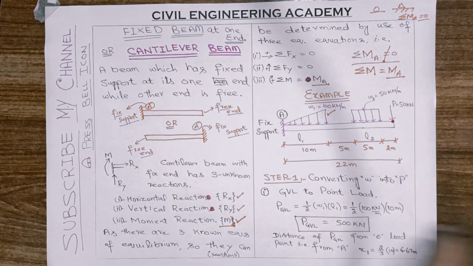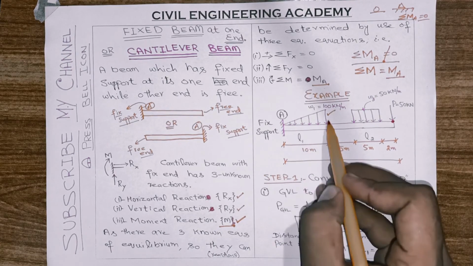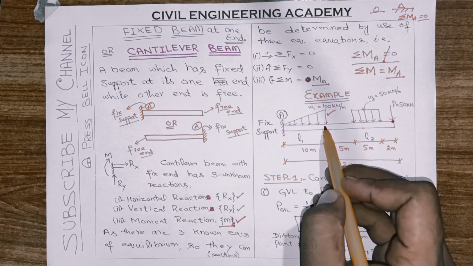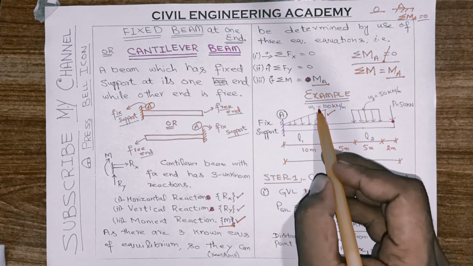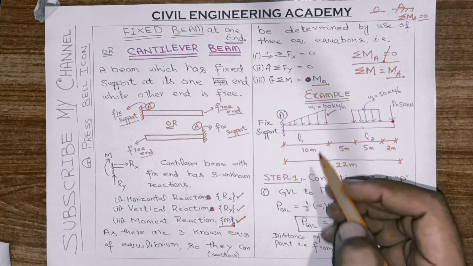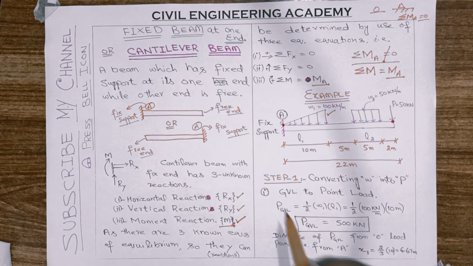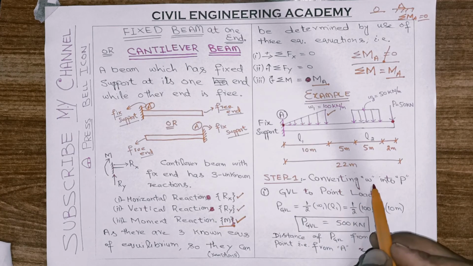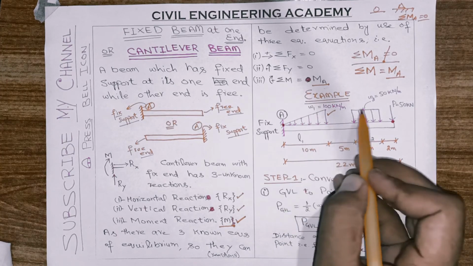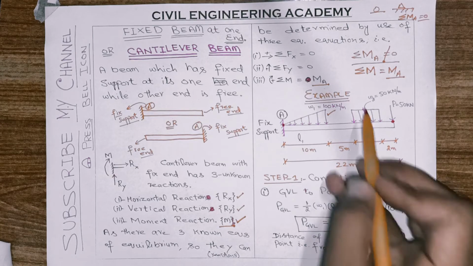So the first step in this solution is to convert this GVL, gradually varying load, into point load and then determine the location of that point load from this point of zero loading. So our first step is converting W's into P's. This W and this W will be converted into point load.